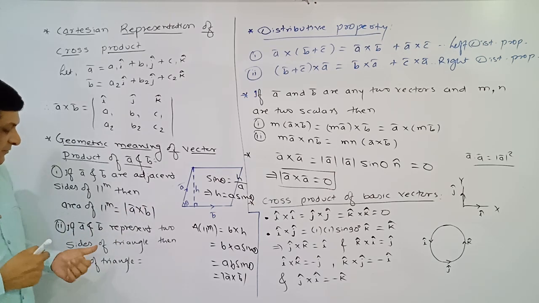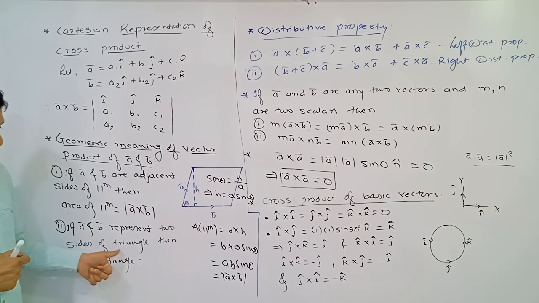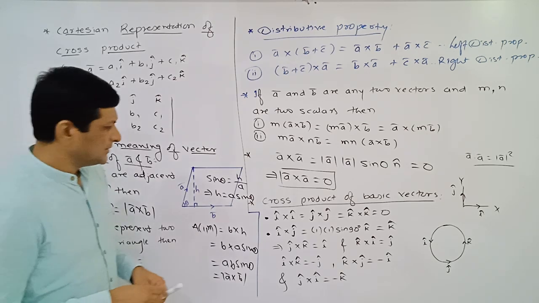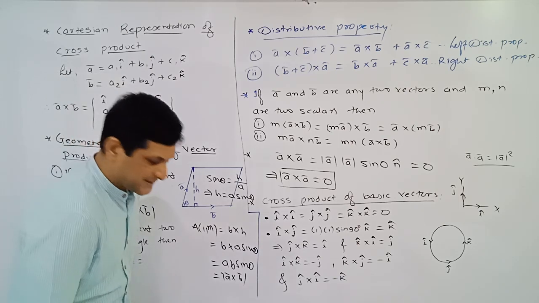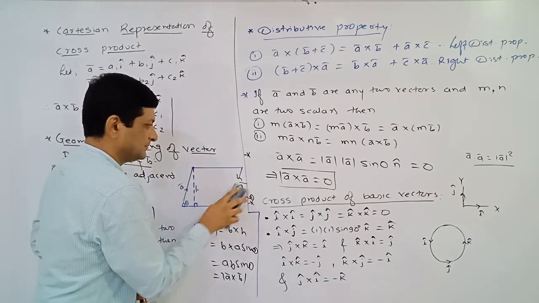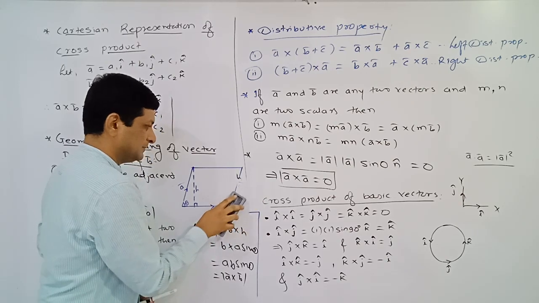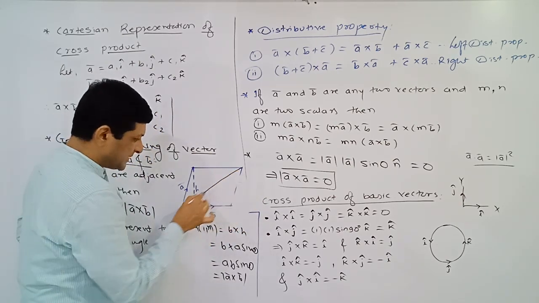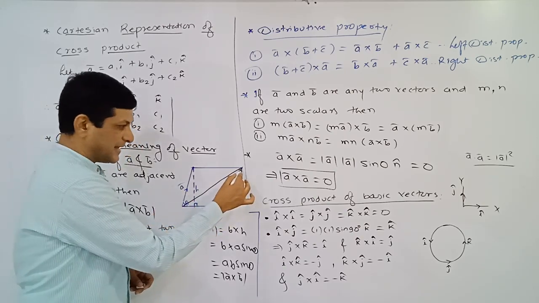Now we are discussing one formula to find the area of a triangle if its sides are represented by A bar and B bar. For simplicity, just try to understand here. Let us suppose that this is a diagonal of this parallelogram.